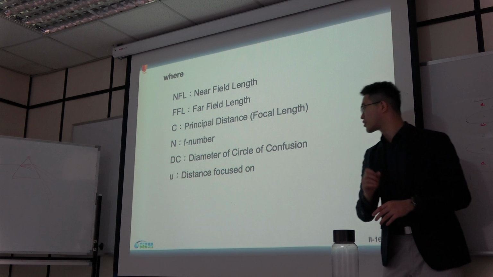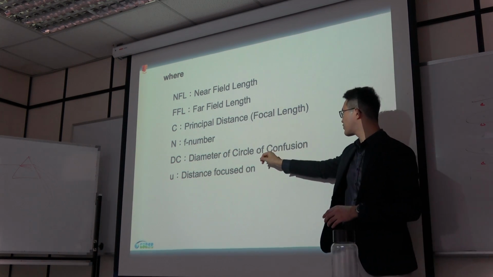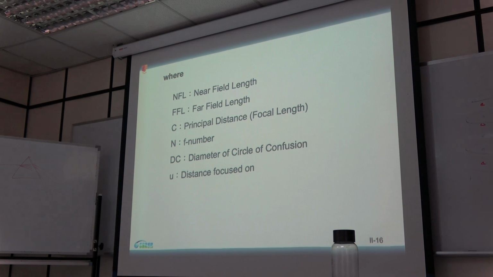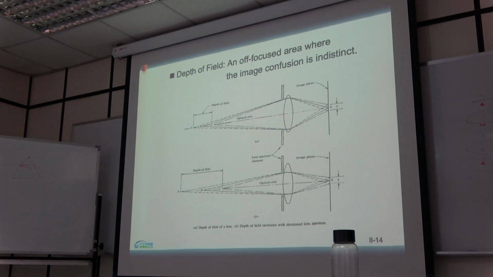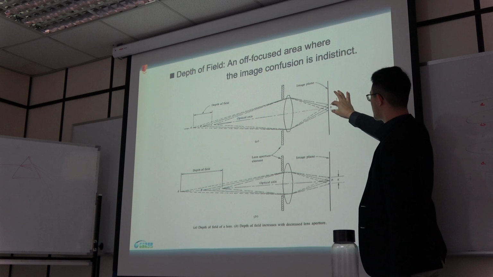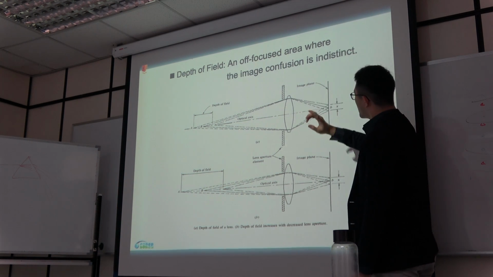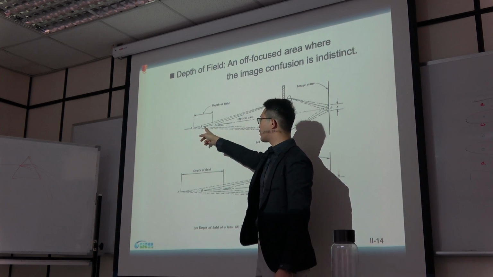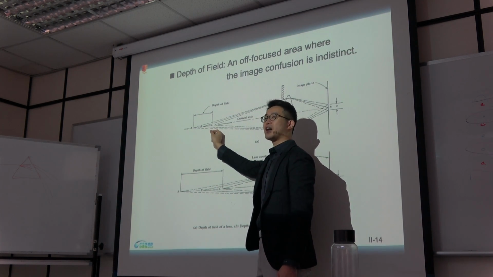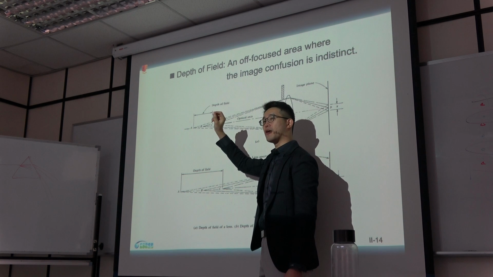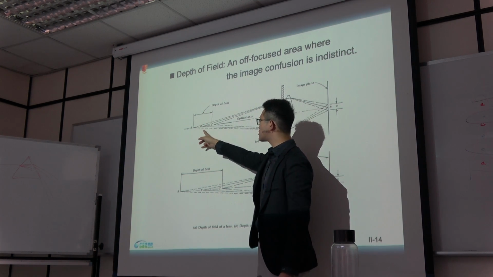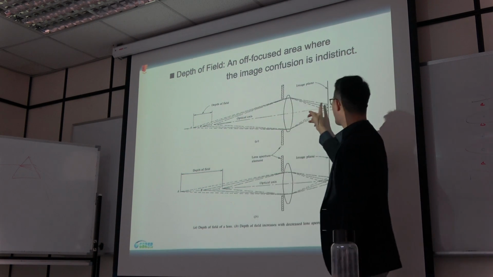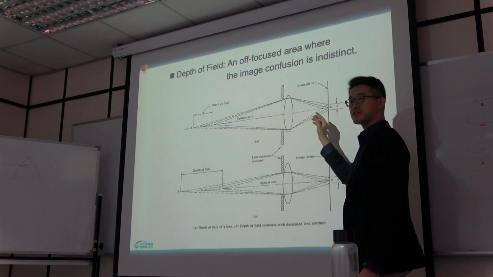There's one term called the circle of confusion. In Chinese, it's called 模糊圈, where 模糊 means confusion. So the circle of confusion is this. The B point here is the focal point where you are focusing. If you have a point at B, it will be one point on your image plane because that's where you focus.